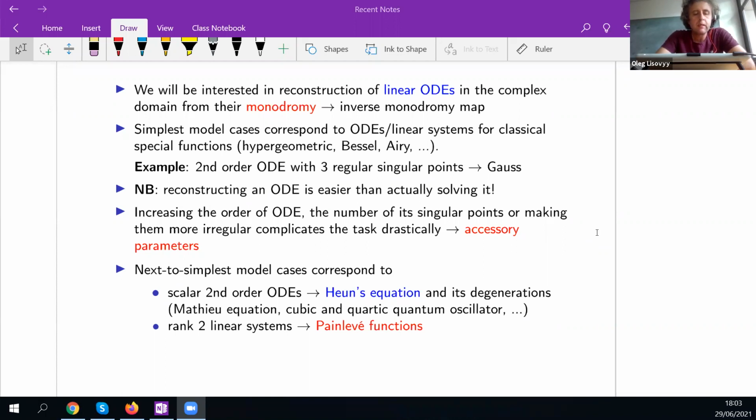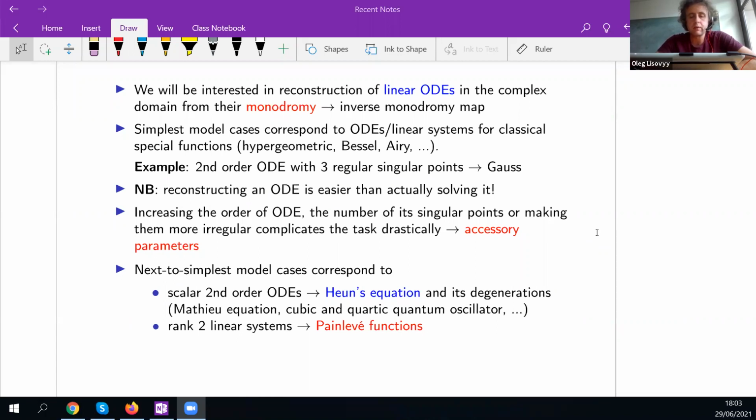What we will be interested in is the problem of reconstruction of linear ordinary differential equations or systems of linear ordinary differential equations in the complex domain from their monodromy data or Stokes data. So I'll be talking about the inverse monodromy map.